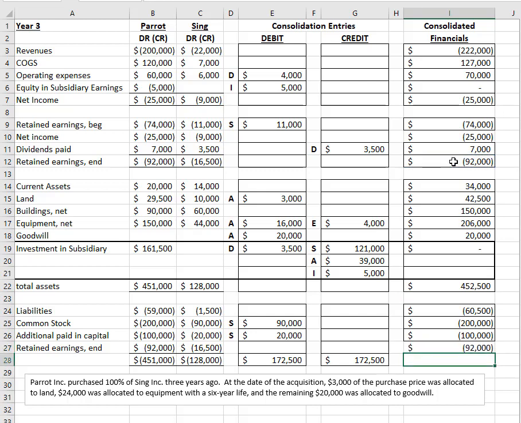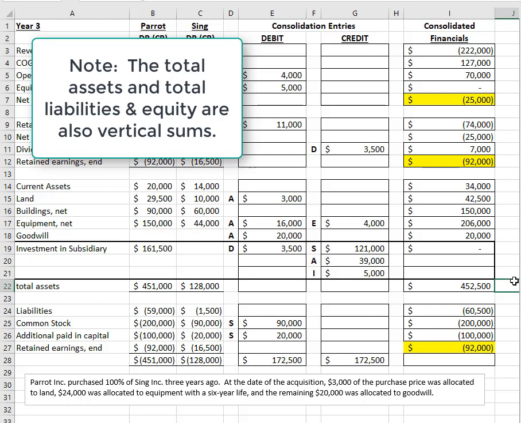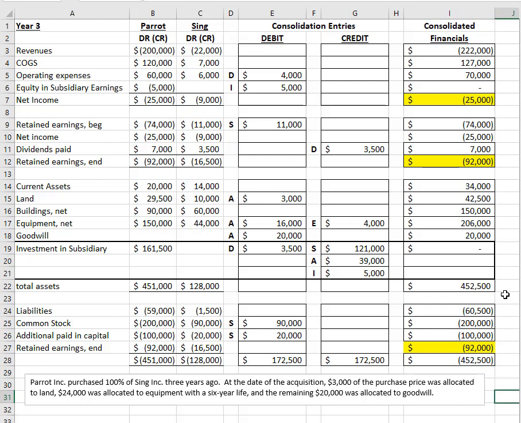It does not come from a horizontal crosscast. So one of the ways that you get used to the consolidation worksheet is you get used to when you add, subtract horizontally and when you do it vertically. The ones that are done vertically, I'll make in yellow here to remind you, this comes from above. So just to highlight it for you. Okay, let's see if our balance sheet balances now. And it does. Great. So you're ready for the next one.